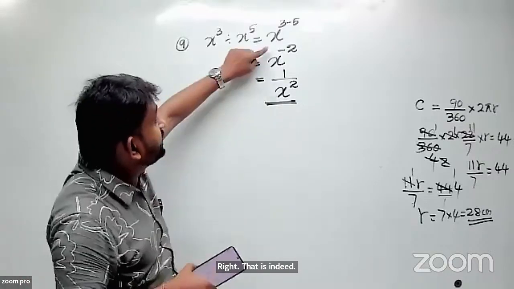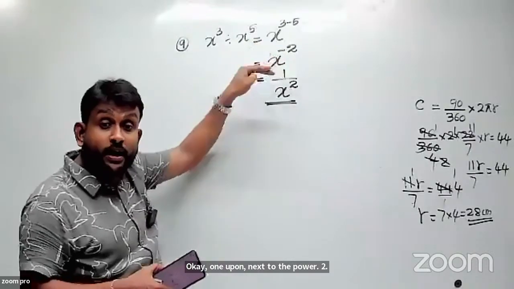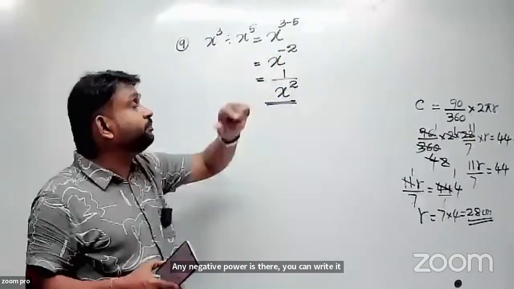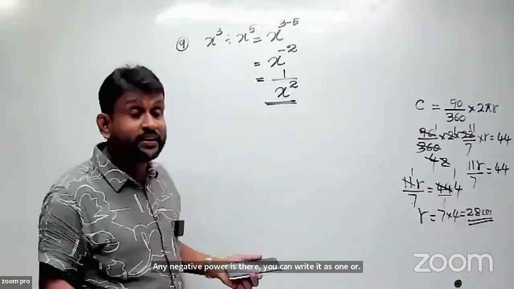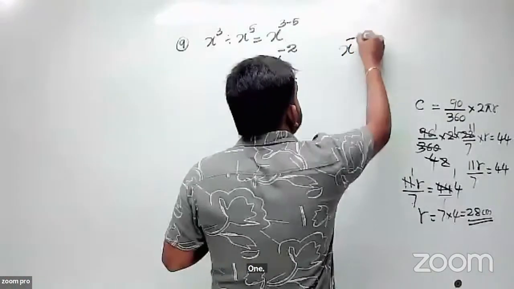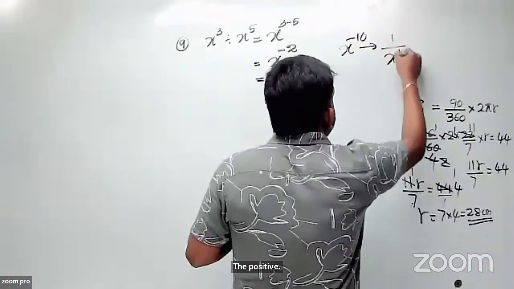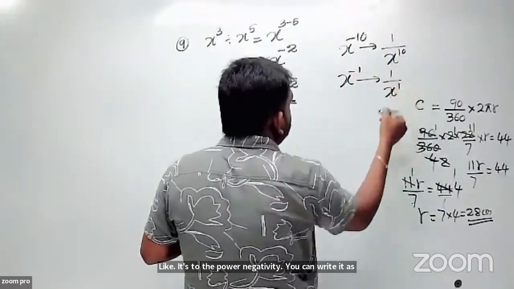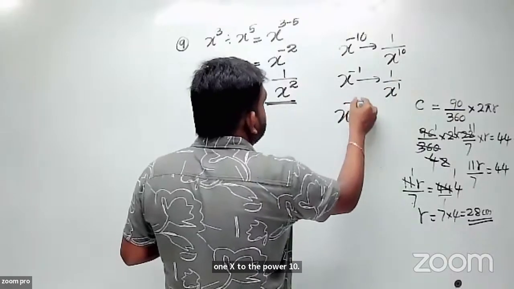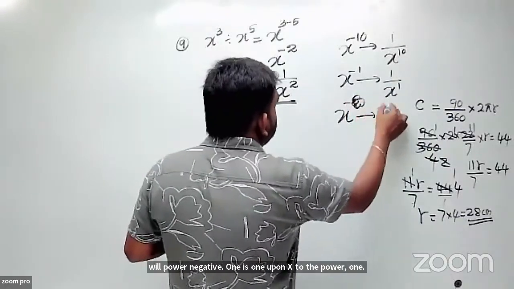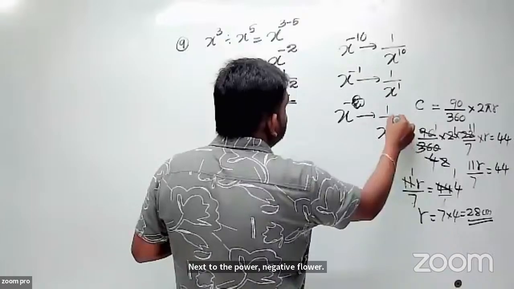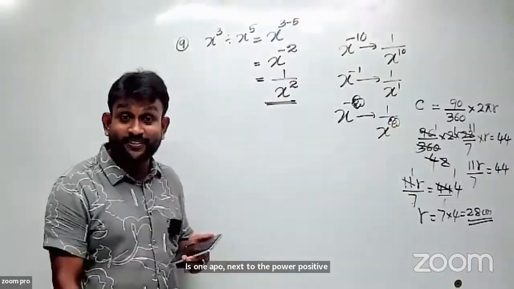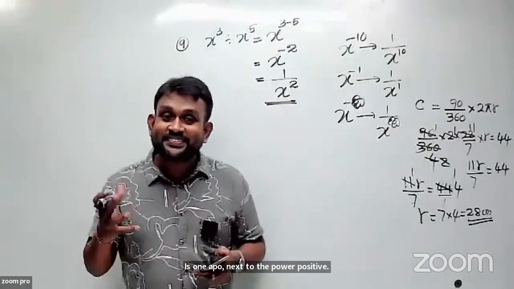That is the indices law. Any negative power can be written as 1 upon the positive power. Like x to the power negative 10, you can write it as 1 upon x to the power positive 10. X to the power negative 1 is 1 upon x to the power 1. That is the concept.